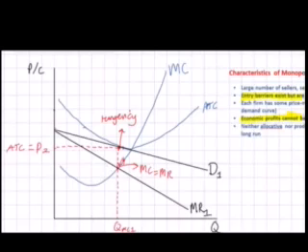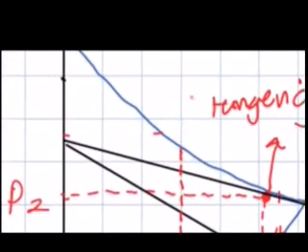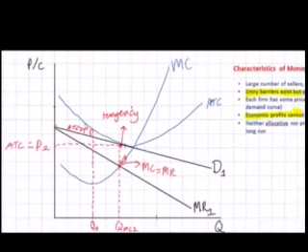If it reduces its output, let's say down here to Q0, you can see it would be earning economic losses because its ATC would be higher than the price, right there. The ATC is greater than the price. If the firm increased its output to Q2, the same would be true.